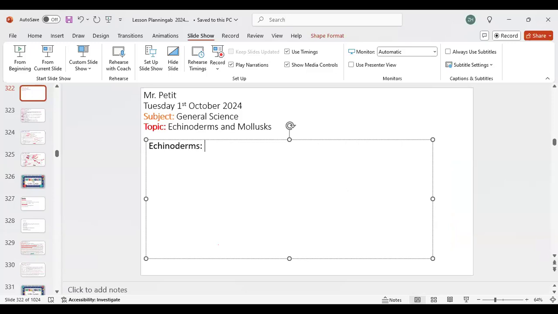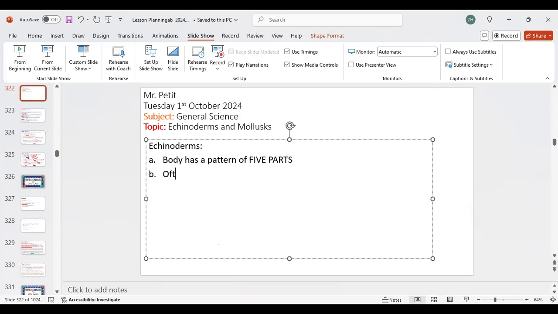Echinoderms have a body with a pattern of five parts. And we've got to see it, right? Because of the five-pointed star.